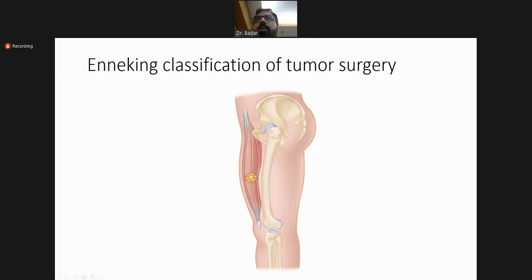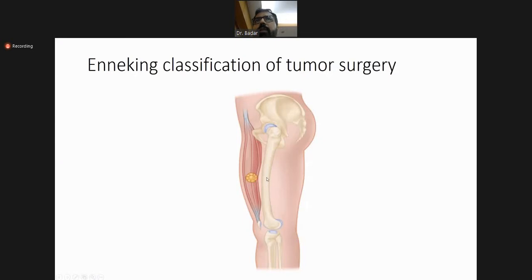Marginal means you take the tumor with its margin. Wide margin means you take the tumor along with some normal tissue, 2 or 3 centimeters. And radical means you remove the whole compartment, either the whole compartment of muscle or the whole bone.